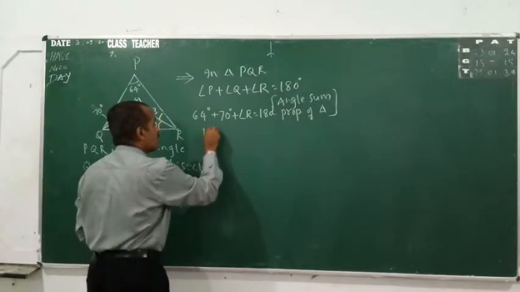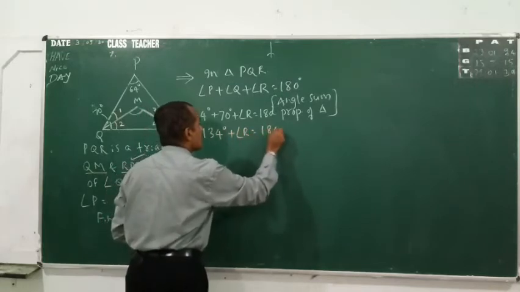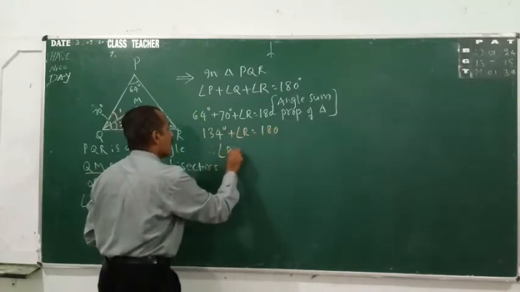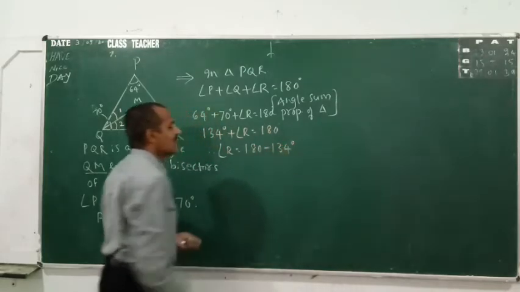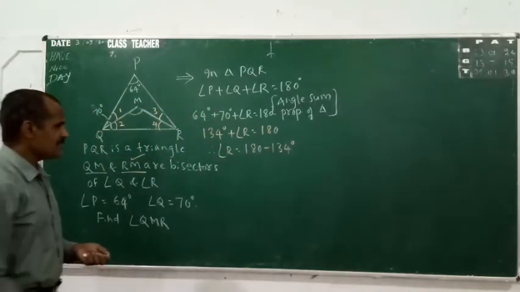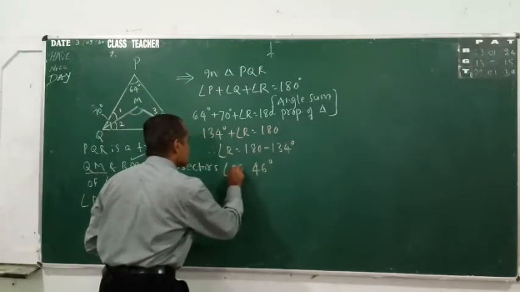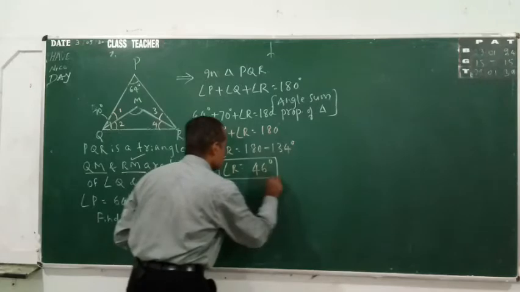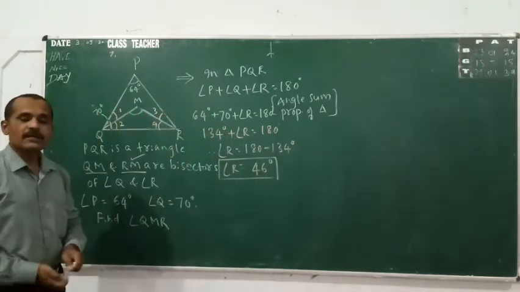This gives 134 plus angle R is equal to 180. Therefore, angle R is equal to 180 minus 134, which is 46 degrees. You got angle R is equal to 46 degrees.